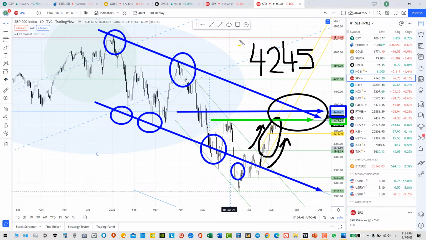As long as the S&P 500 index is below this level, the major outlook and the long-term perspective is bearish, and things are not okay over the long term as long as the index is below this neckline, and of course as long as it is within the major downtrend channel.